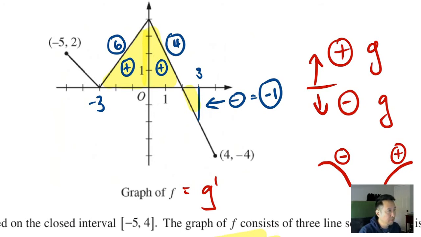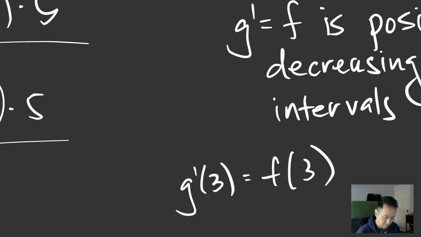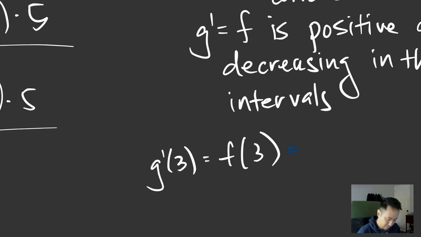Okay, so here is 3, f of 3 looks like right here, this guy right here, which is negative 2. That's your f of 3, right? So f of 3, which is g prime of 3, equals negative 2, right?